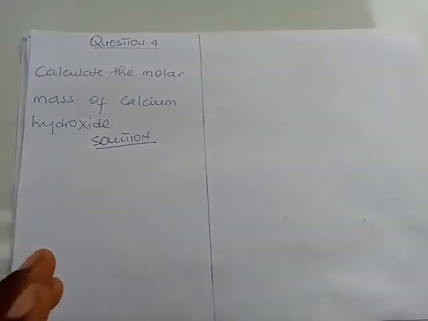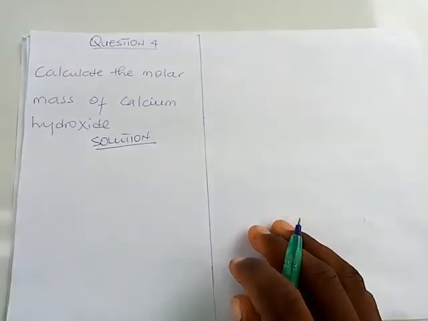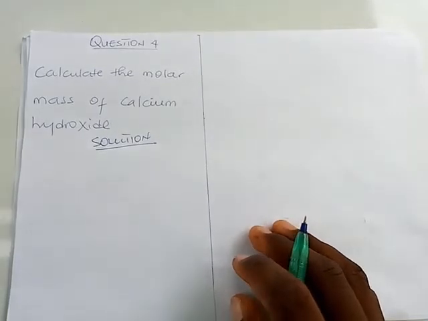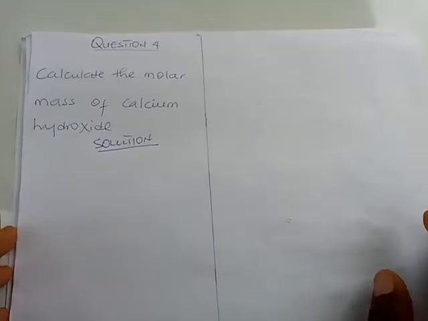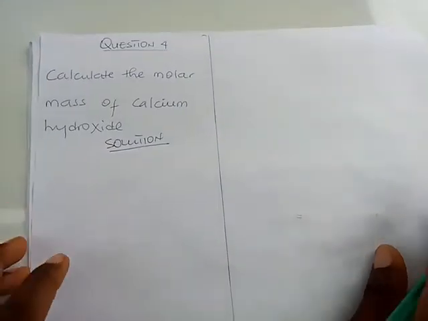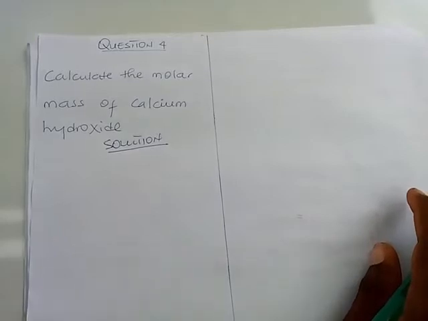What has been given? That's the name of the compound, calcium hydroxide. What are we asked to find? To find the molar mass. What is the connection between both? From the given name of the compound, we need to obtain the chemical formula of this compound.